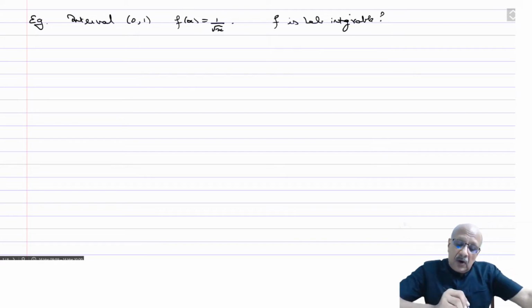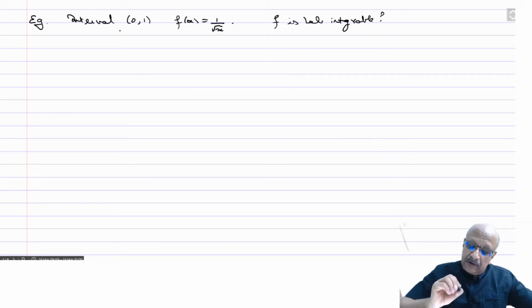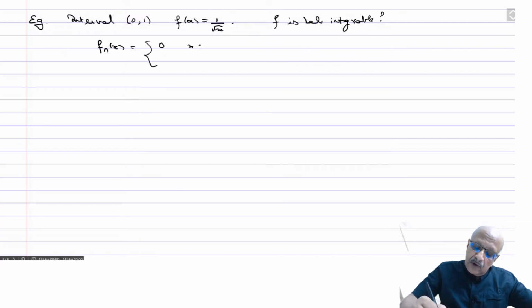This is not a bounded function, though the interval is bounded, and therefore what we do is we look at f_n(x) equals 0 if x belongs to (0, 1/n), and then 1 over root x if x belongs to [1/n, 1].